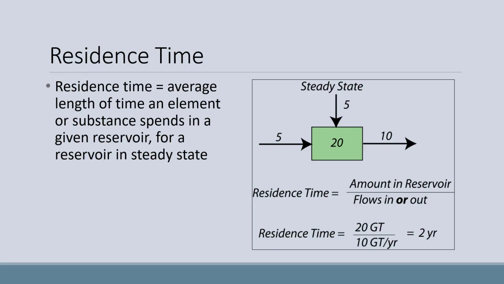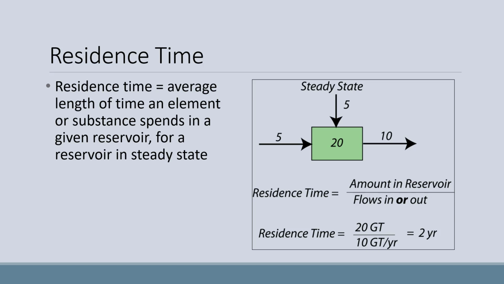Another concept that applies to modeling of reservoirs is the concept of residence time. Residence time is the average length of time an element or substance spends in a given reservoir for a reservoir in steady state. So it is the amount of a substance in the reservoir divided by either the inflow or the outflow. They are equal because the system is in steady state, so it doesn't matter which one you pick.